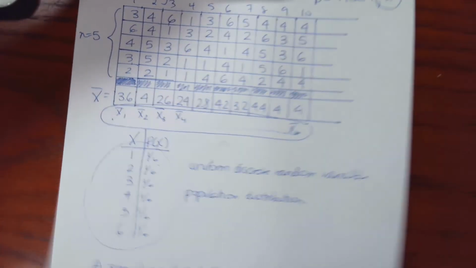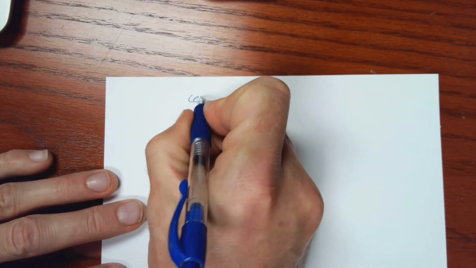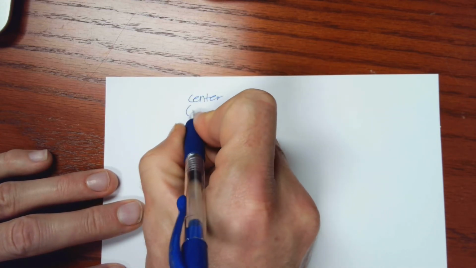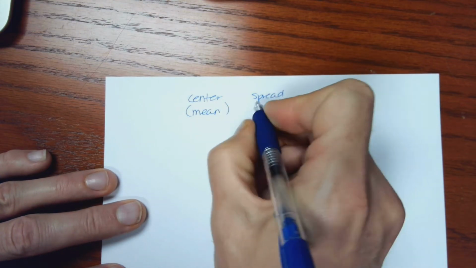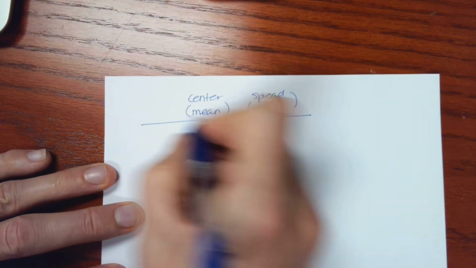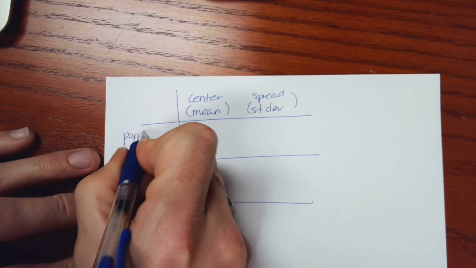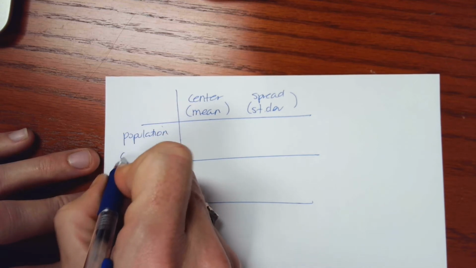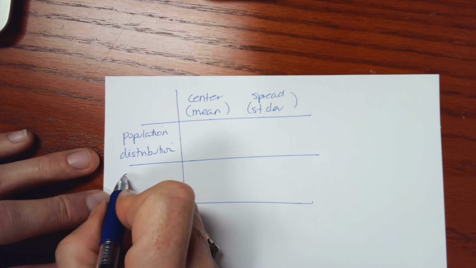All right, so something that's handy to know as far as for our center, in other words, the mean, and for the spread, in other words, the standard deviation. We can look at how those compare for the population distribution and a sampling distribution.